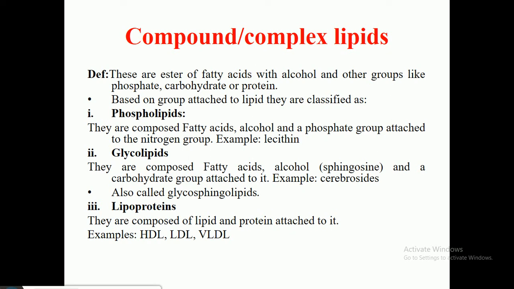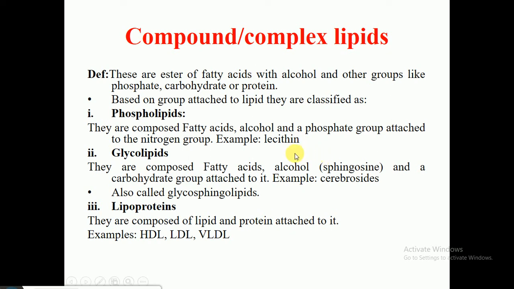The second one is glycolipid. Now what is glycolipid? Glycolipid is the type of complex lipid which consists of carbohydrates and lipids, with the fatty acids. And look at here, what are they composed of?